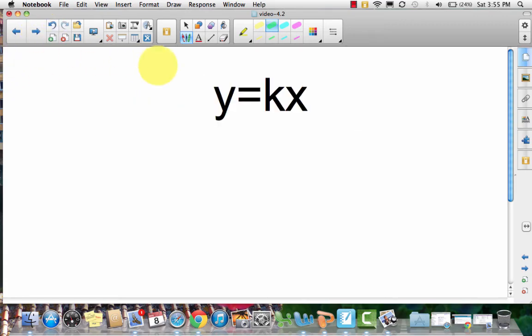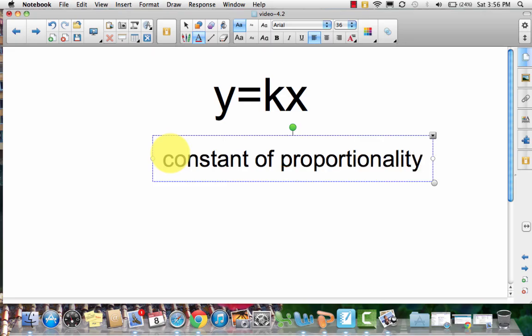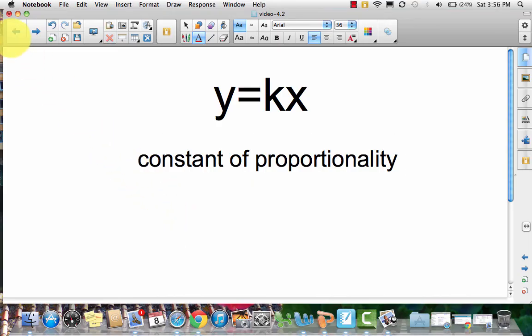Keep in mind, when we find a proportional relationship, we can write an equation to identify that relationship. The y and the x are the two terms you're comparing, so the miles and the hours, or the dollars and the days. And the k is called our constant of proportionality. So the k is telling me what that constant rate of change, or that constant unit rate, is.